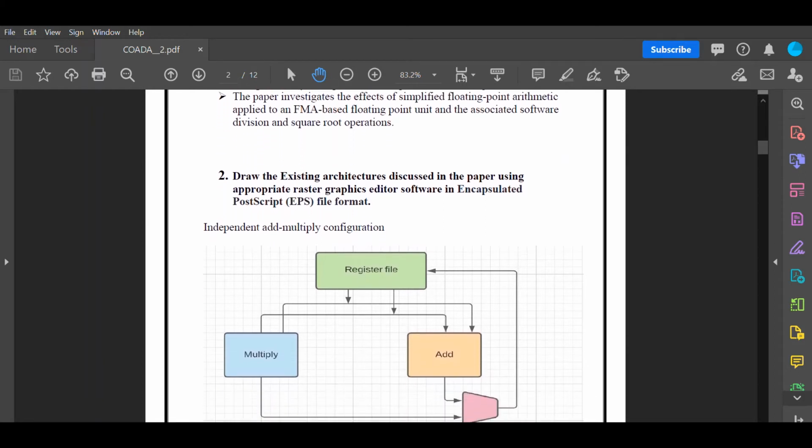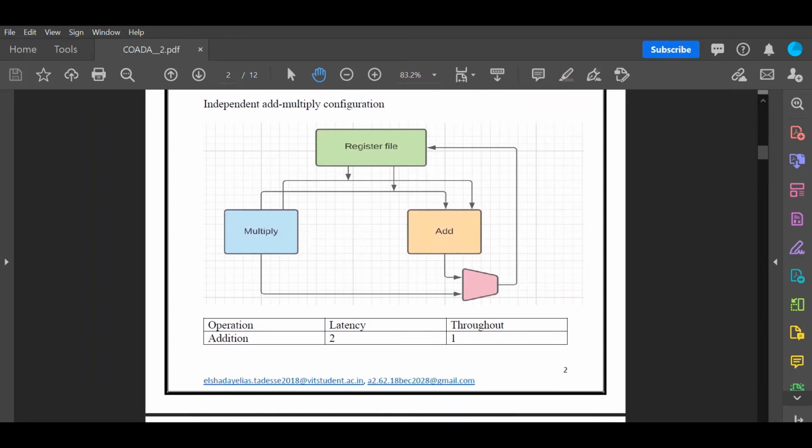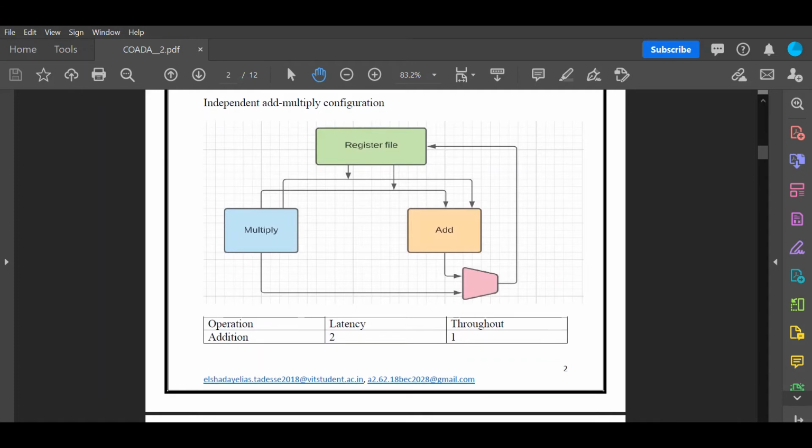Coming to the second question, it says to draw the existing architectures discussed in the paper using an EPS file format. The independent add multiply configuration is as shown here. It has a register file, a multiply and an add, and it also consists of a mux shown in pink color.